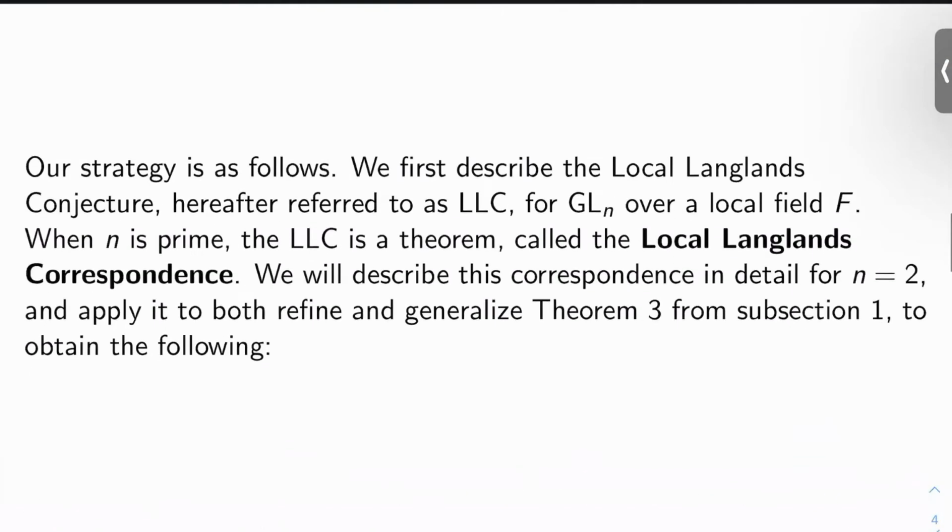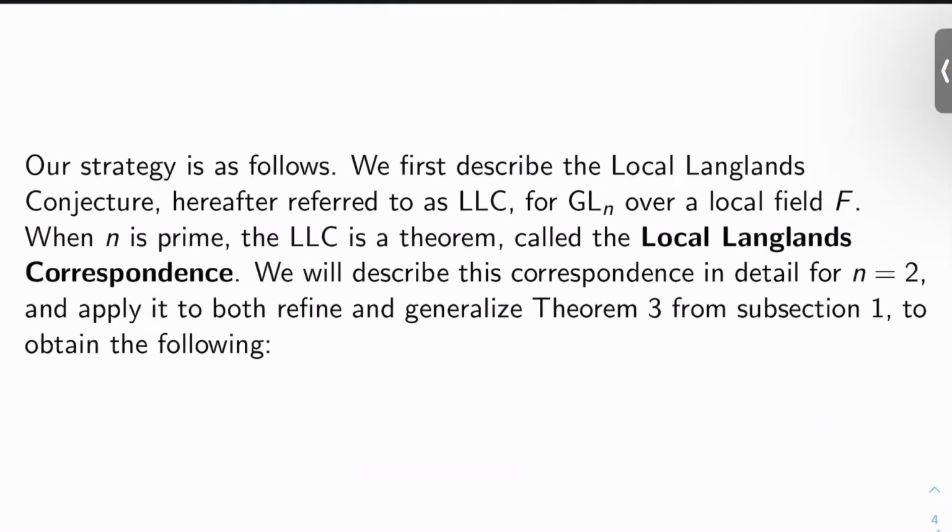Okay, what are we going to be doing? What's our roadmap? What's our strategy? First, we're going to describe the local Langlands conjecture, which we'll refer to as LLC from here on out, for GL_n over a local field F. When n is prime, the LLC is a theorem called the local Langlands correspondence, although I believe since Cornell, Silverman, Stevens was written, this has now been proven in generality. We don't care though. We're really going to be describing this correspondence in detail for n equals 2 because that's what we need.